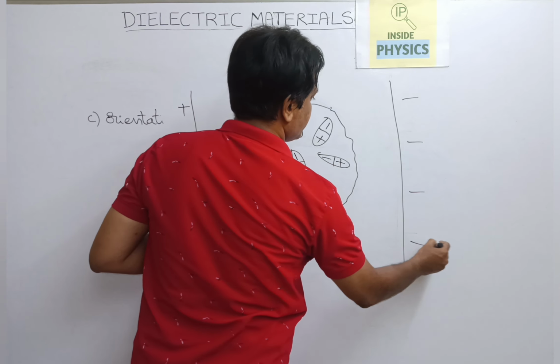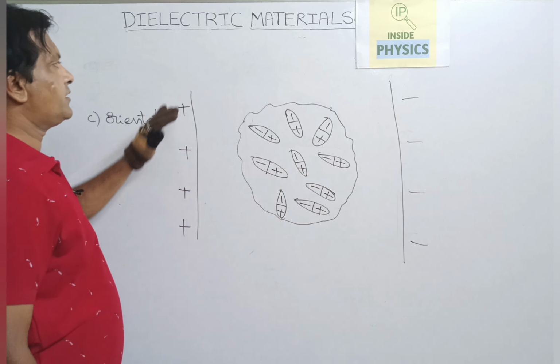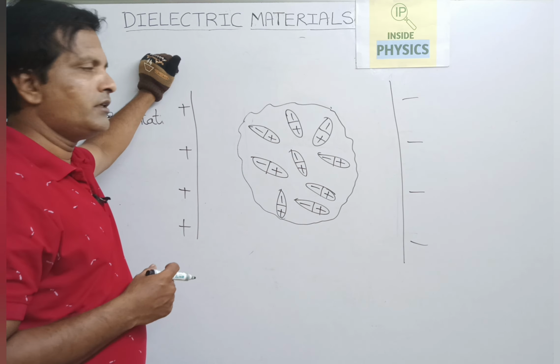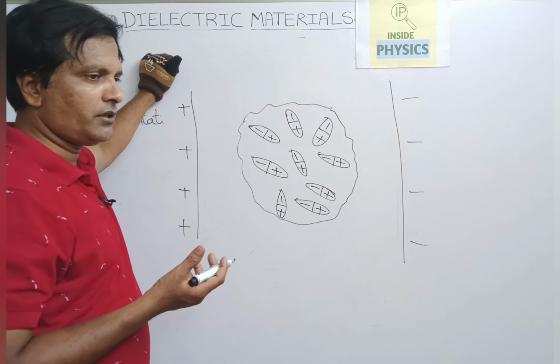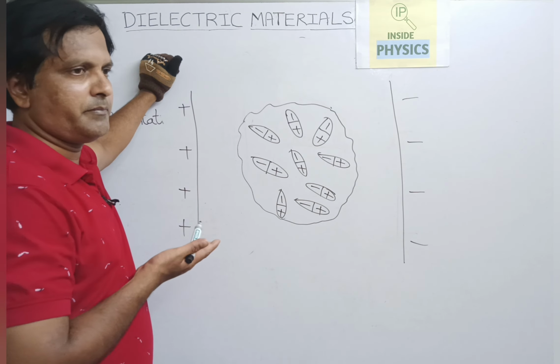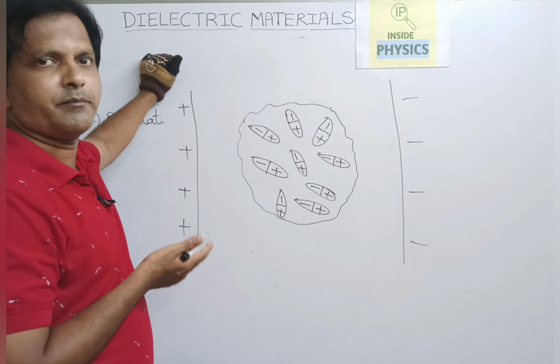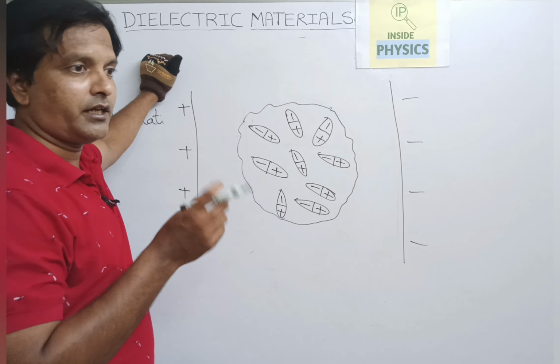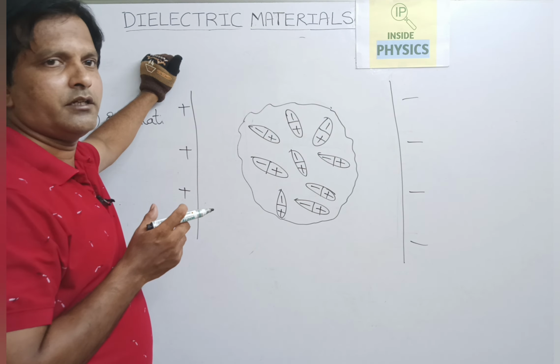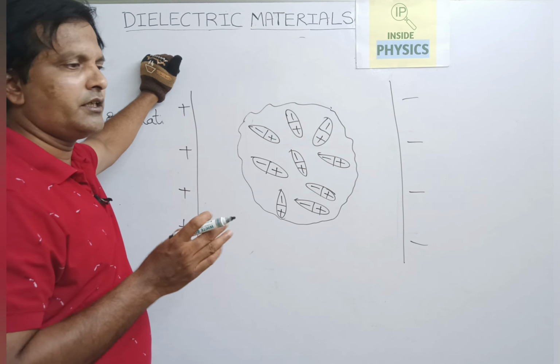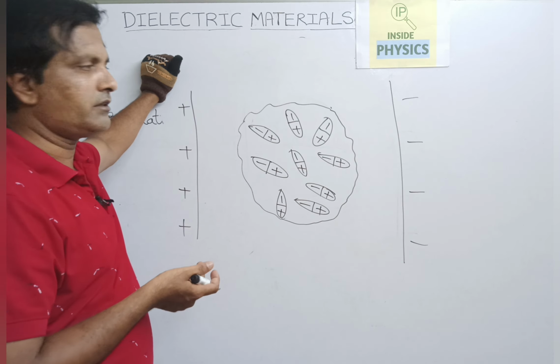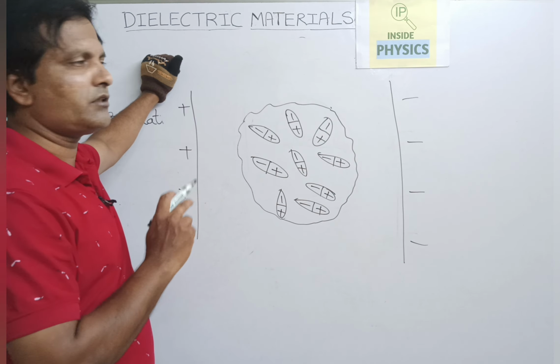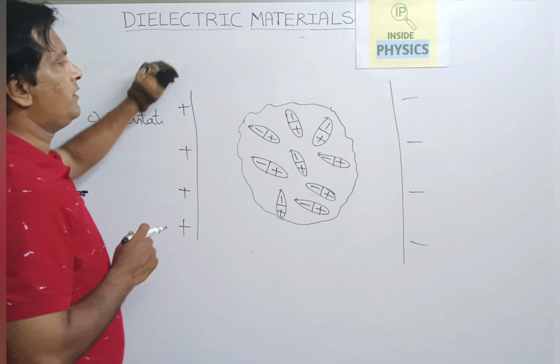the orientation polarization will be happening. What is orientation? It is dependent on the temperature of the material also. Electronic polarization and ionic polarization are not dependent on temperature, but this definitely depends on the temperature of the material.